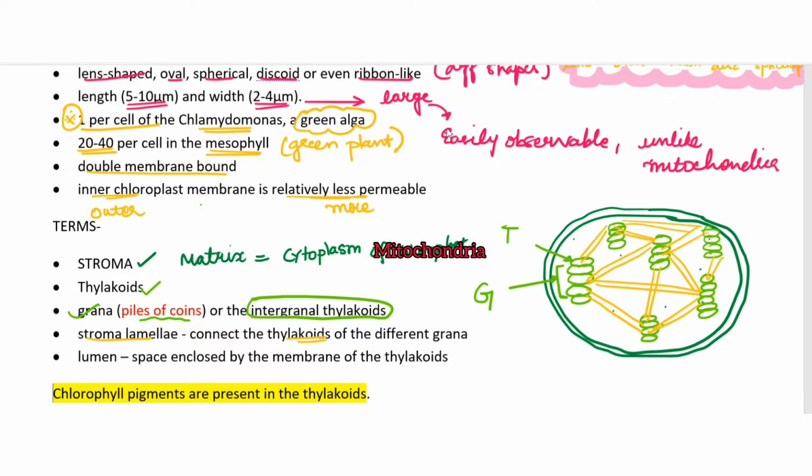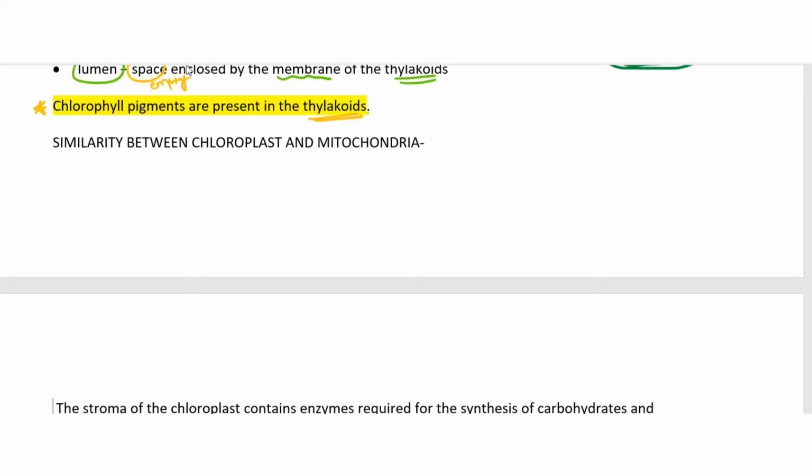Next is lumen. Lumen is the space, can you see which I am drawing now? The space enclosed by the membranes of the thylakoid. Now where are the chlorophyll pigments present? They are present in the thylakoids and not in the stroma.